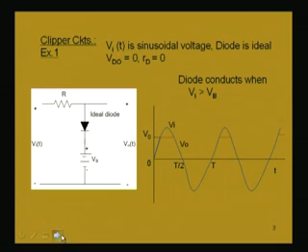Now, in order to understand the clipper circuit, let us first take an example of a clipper using an ideal diode, for simplicity and easy understanding. Then we can go for actual diodes. This is an ideal diode, having threshold voltage 0 and diode forward resistance 0.